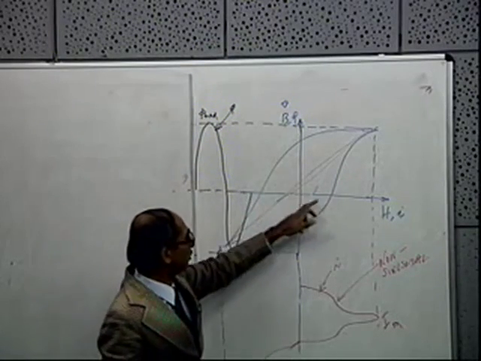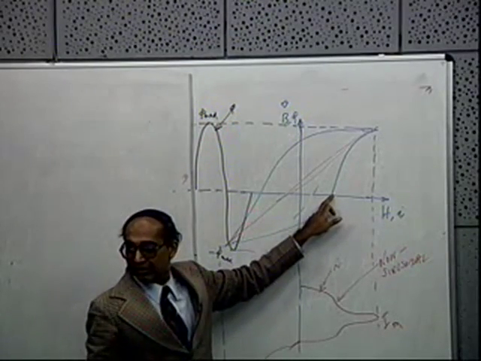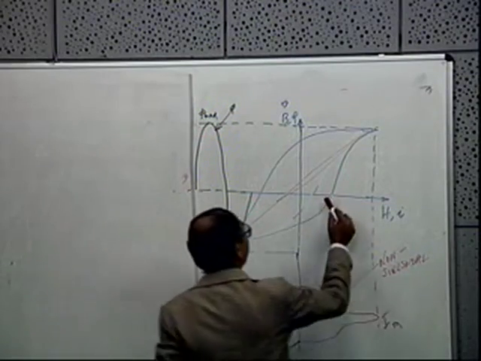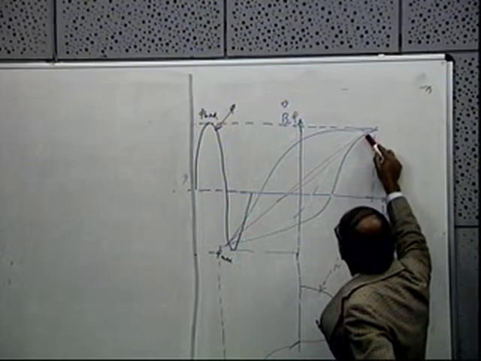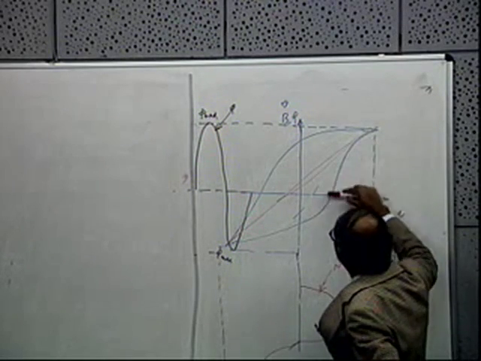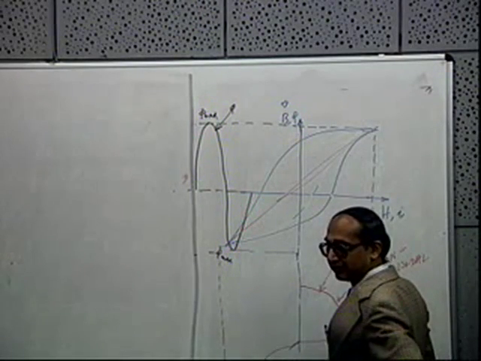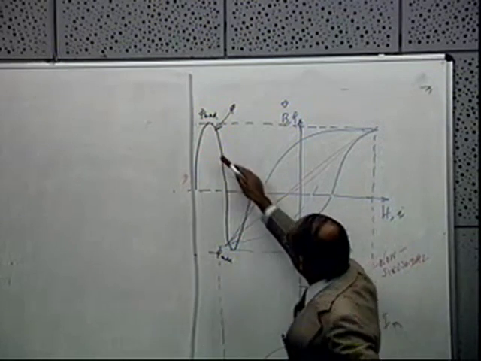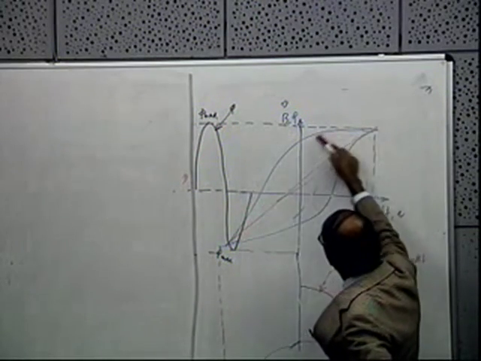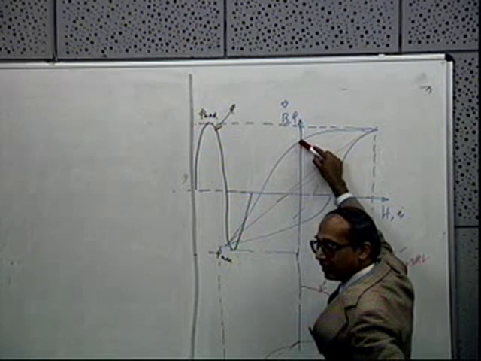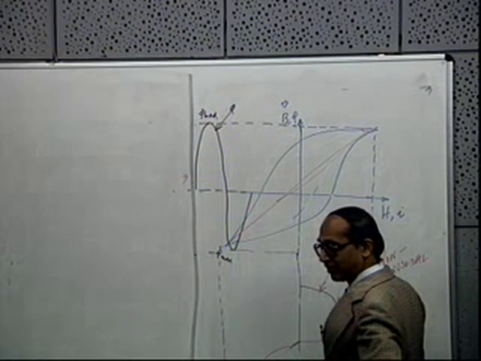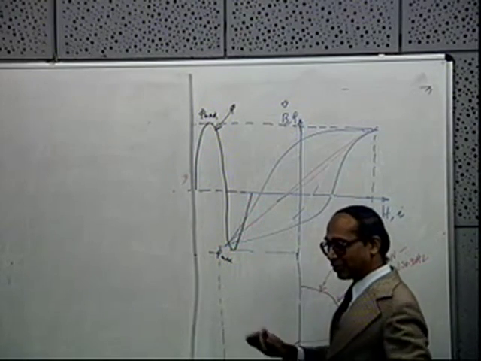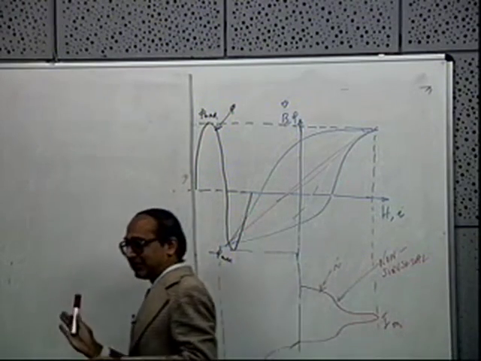It may be even here. Suppose you start from here, then you increase the flux to phi max. For each one you must plot here. Even when you are going from phi max to 0, you have to follow this path, and plot the corresponding currents. I mean, this has to be done a little more systematically.